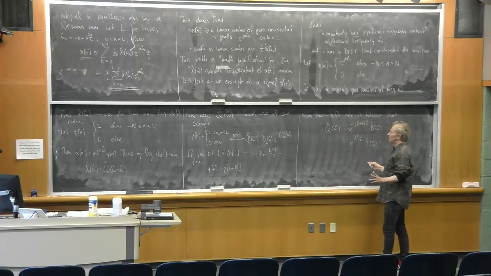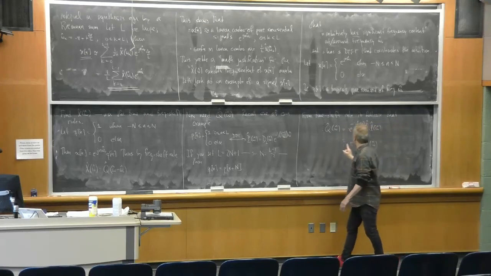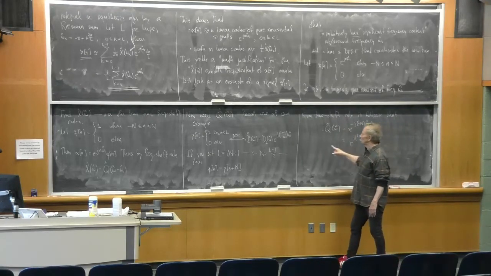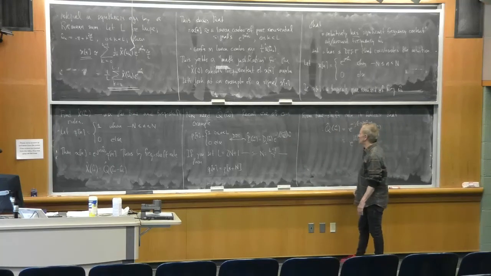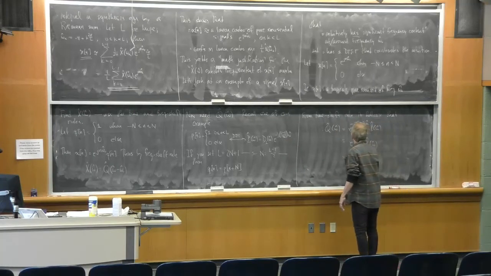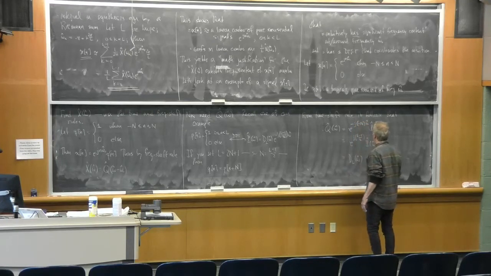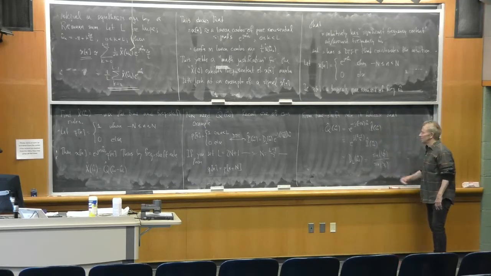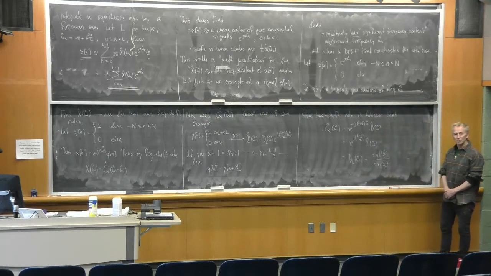And look, conveniently, this factor in front, e to the j L minus 1 over 2, cancels e to the minus j L minus 1 over 2, and this just comes out to be Dirichlet thing, d L of omega hat. And remember, the formula for that is sine L omega hat over 2 divided by sine omega hat over 2. So this is the DTFT of q.